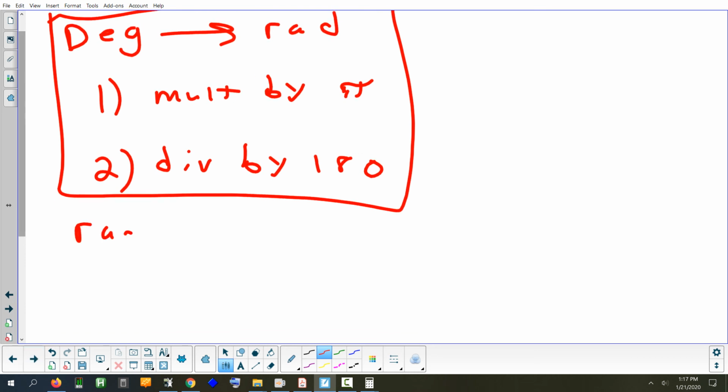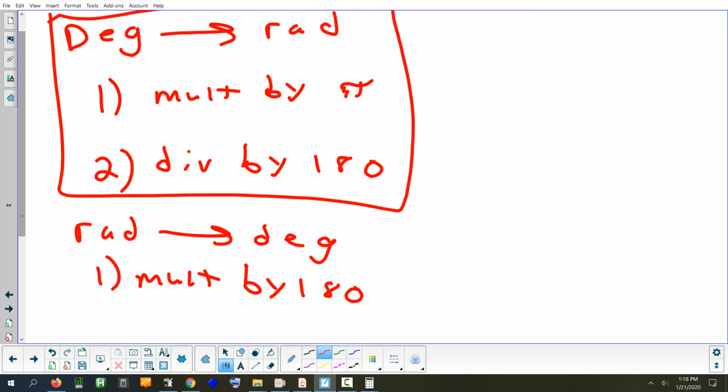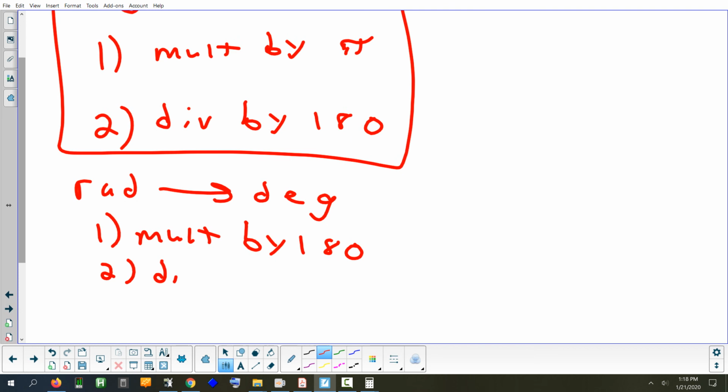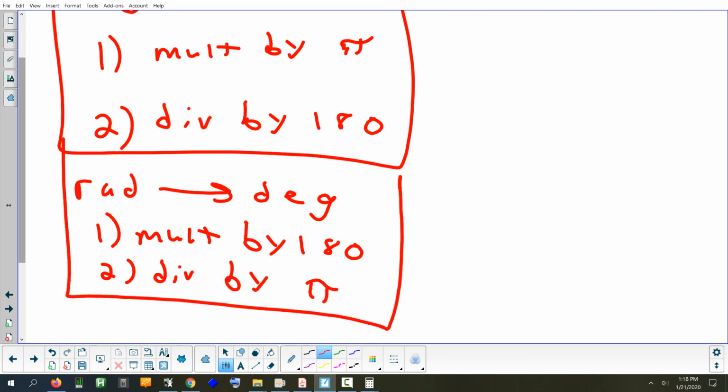If you want to go radians to degrees, you basically gotta just switch what you multiply and divide by. Radians to degrees, step 1 would be multiply by 180. And step 2 would be divide by pi. Okay, and I'll do 2 examples of each. One where we leave it as an exact answer, and one where we round it.